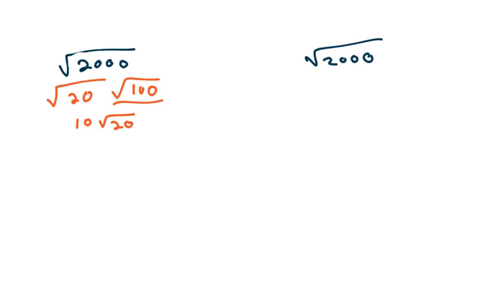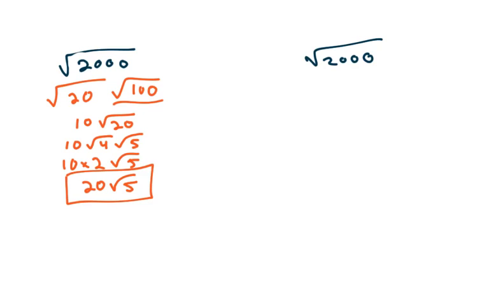We have to check for a perfect square factor. That's 4 times 5. So it's the square root of 4 times the square root of 5, which is 10 times 2 times the square root of 5, 20 square root of 5. And that's simplest form.